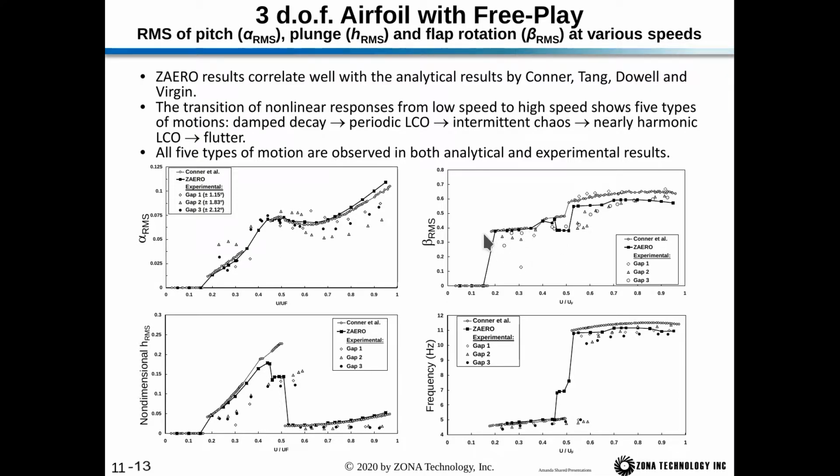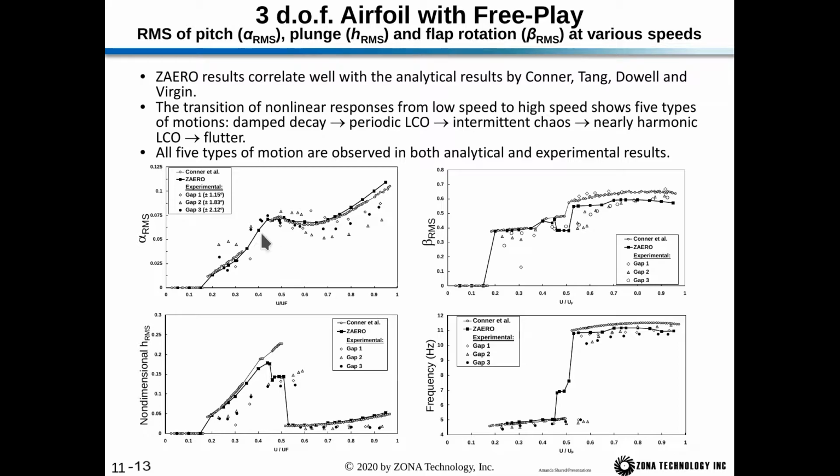Next, we have intermittent chaos, which is this region here. Then we have nearly harmonic LCO, which is this region and this region. And then we have flutter, which is out here, where there are no results to plot because the RMS just goes to infinity because it's flutter.